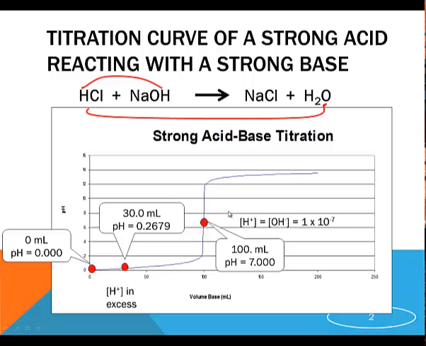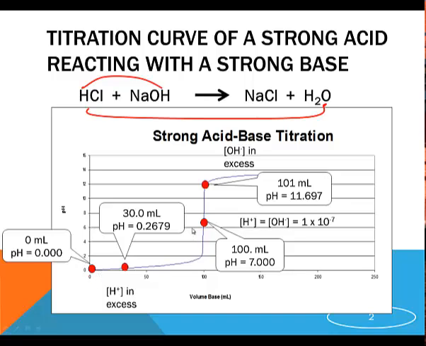And then one more milliliter of sodium hydroxide, and all of a sudden the pH spikes because we have not only consumed all of the hydrochloric acid, we have an excess of hydroxide ion from our strong base. So we take the negative log of the hydroxide, get the pOH, subtract it from 14 to get a pH of 11.697.